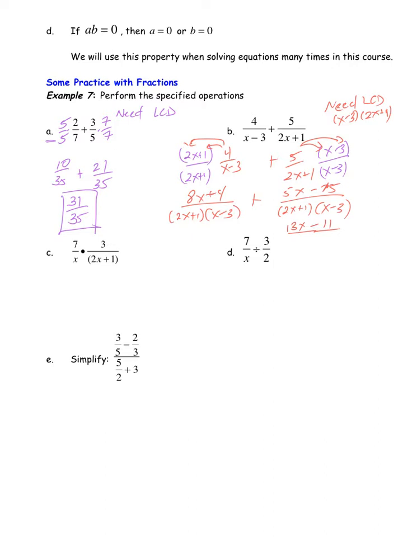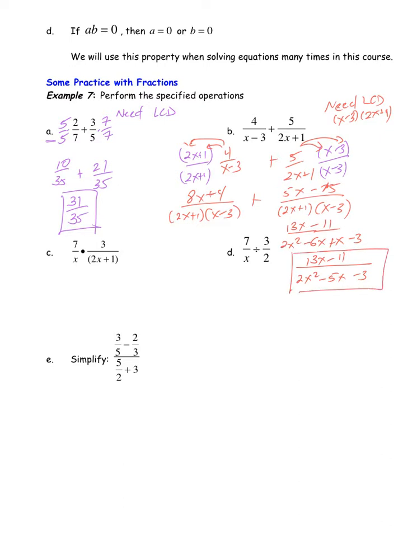So I'm going to get 2x times x is 2x squared. Minus 3 times 2x is minus 6x. Plus 1 times x, which is x, minus 3. And I'm going to combine like terms in the denominator. So I'm going to have 13x minus 11 in the numerator. And then 2x squared minus 5x minus 3 in the denominator.